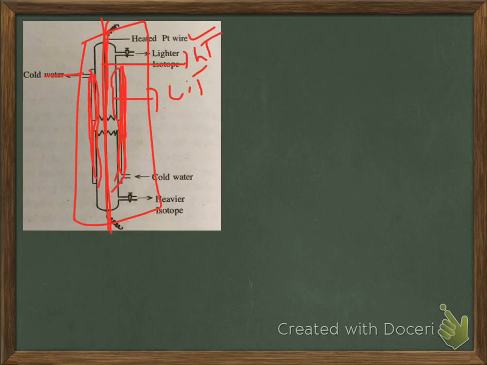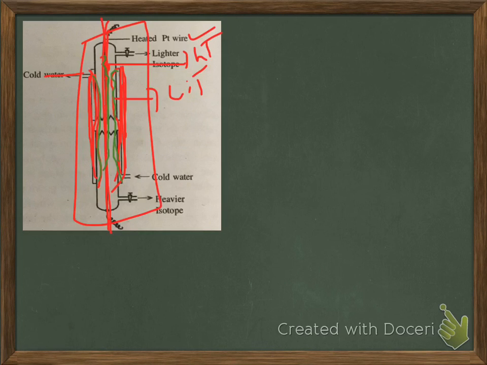When this gaseous mixture is passed through this system, lighter molecules tend to remain in the center part. Why in the central region? They tend to concentrate in the central region because they prefer to move into the higher temperature region, while the isotopes with higher mass tend to concentrate in the outer region.